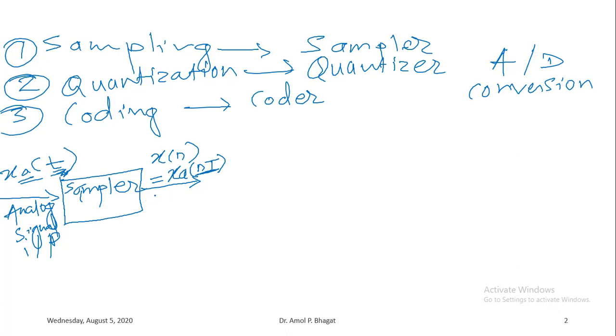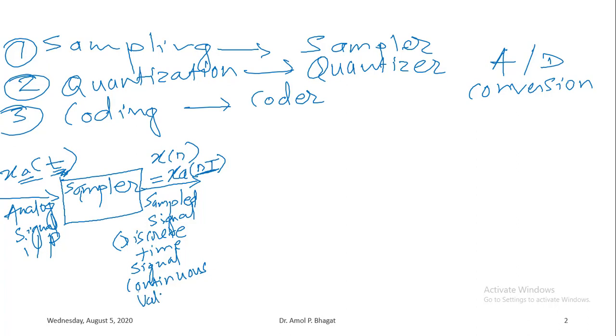This sampled signal is also called a discrete time signal, but it is continuous in value or amplitude, so it is a continuous valued signal.